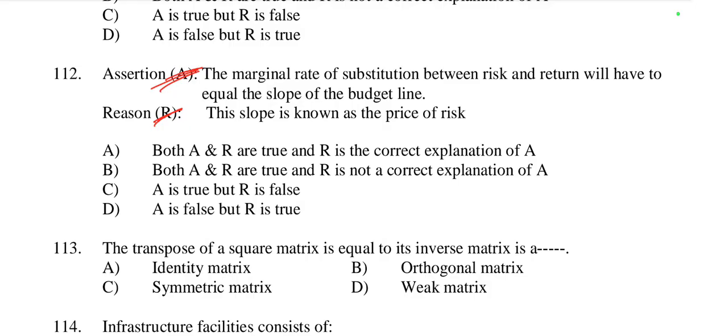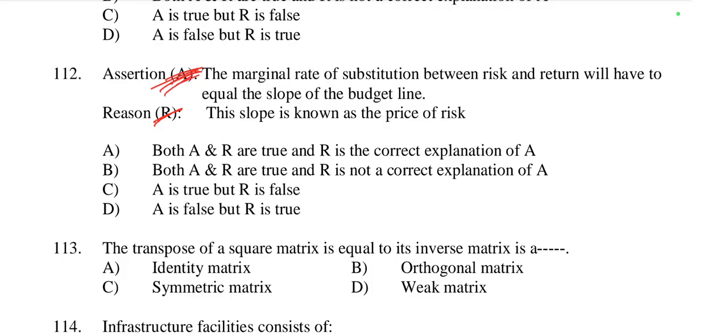Assertion, according to portfolio theory, the MRS, marginal rate of substitution between risk and return, represents the trade-off a person is willing to make between risk and return. For optimal investment, this trade-off or MRS must match the slope of the budget line, which represents the market trade-off between risk and return.